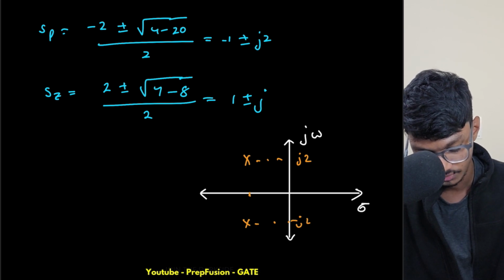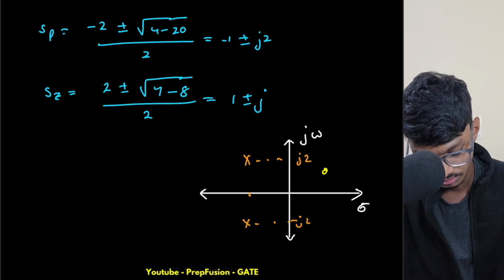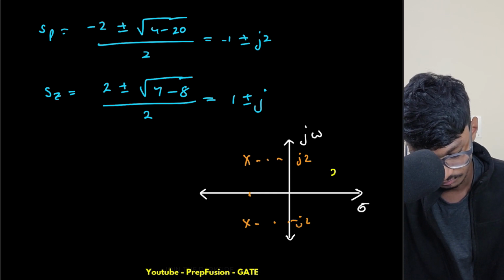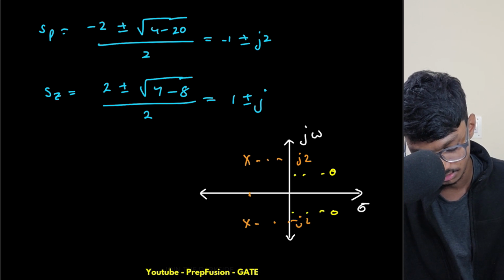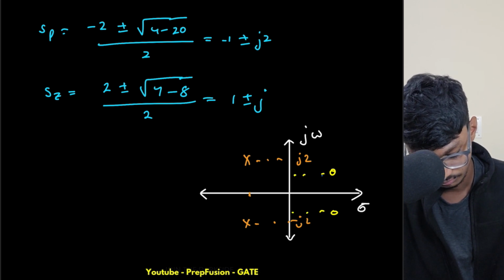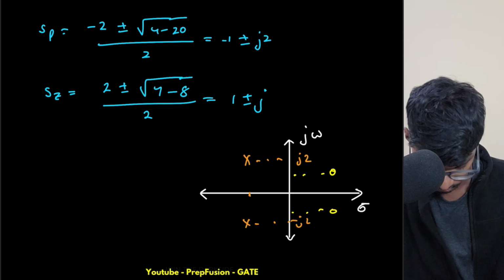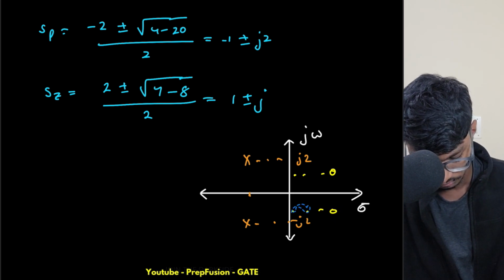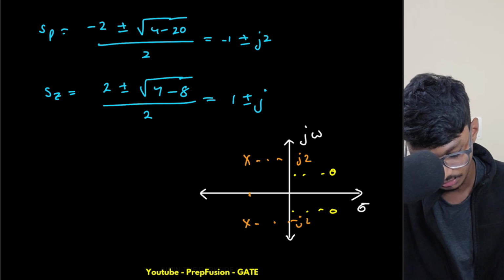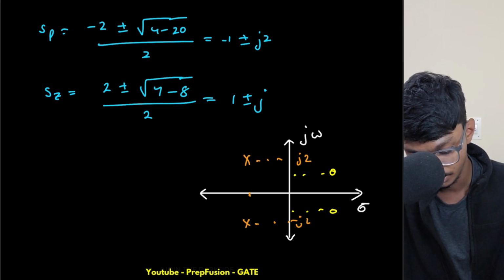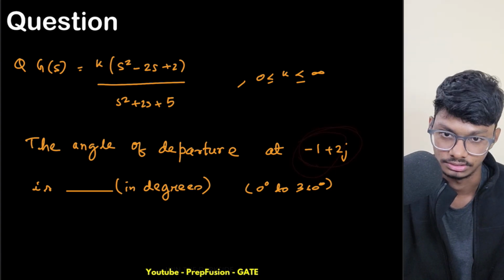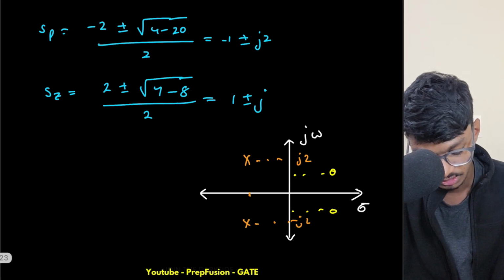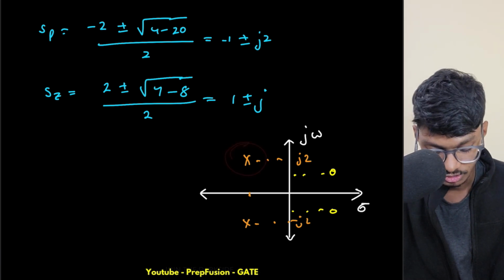Two of the zeros lie around here, at plus j1 or minus j1. Now what you have to find is the angle of departure from the pole at -1 plus j2. So -1 plus j2 is here.